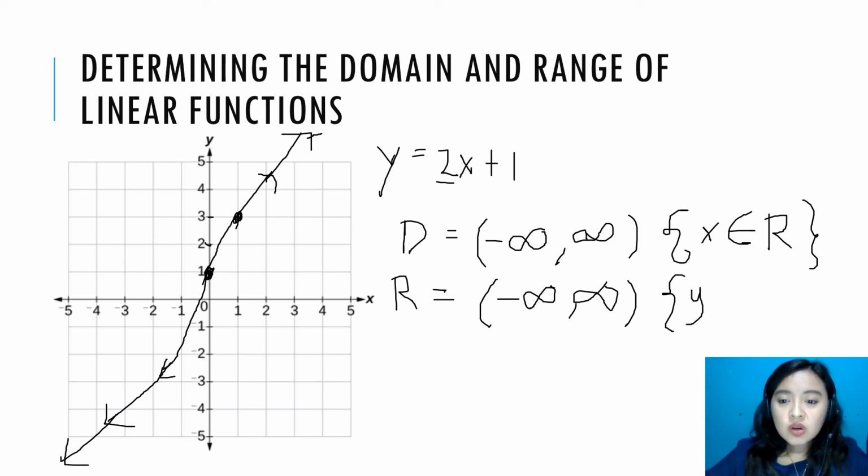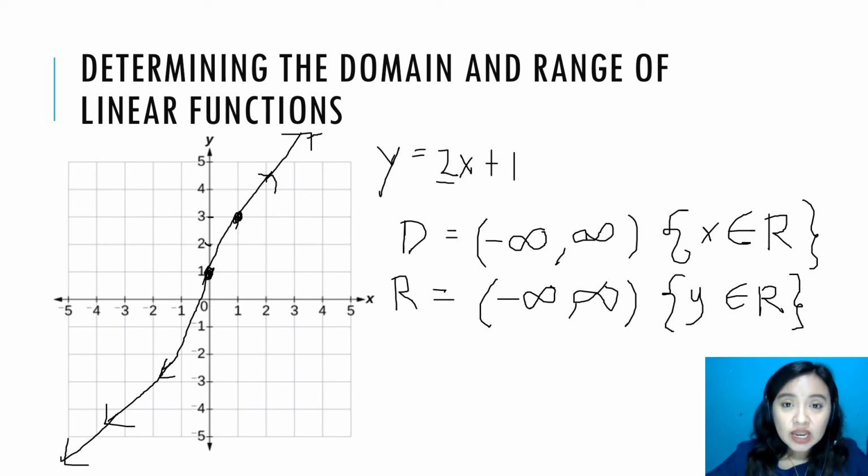So we will write here y is an element of R, where y is the range, where y is an element of R or any real number. Sorry. So I hope you understood unsa na ang domain and range of the linear function.